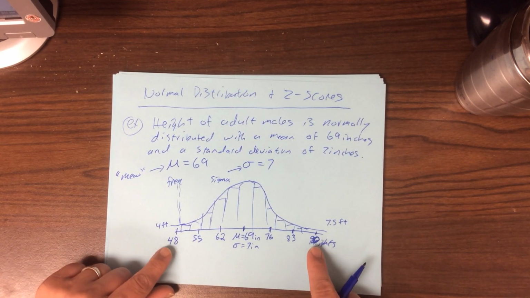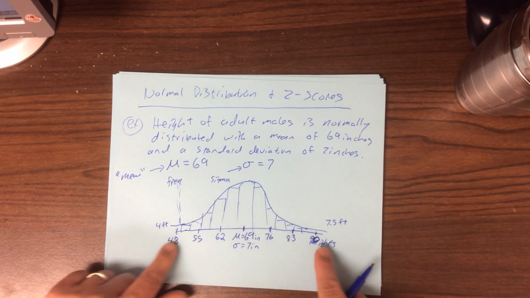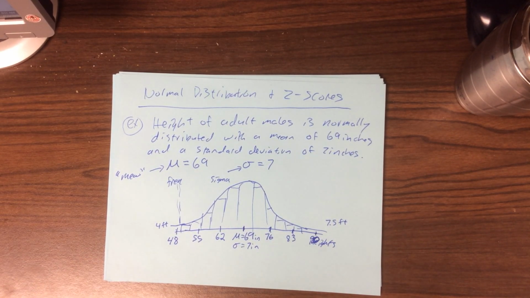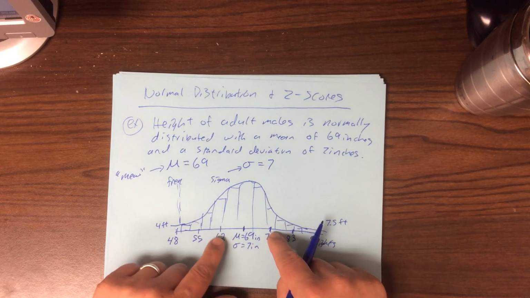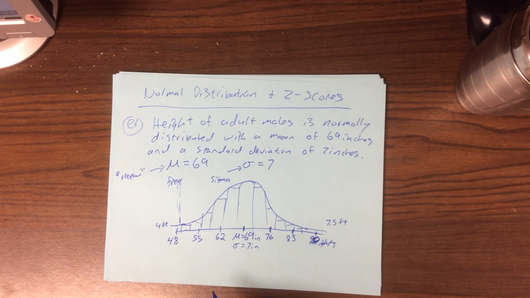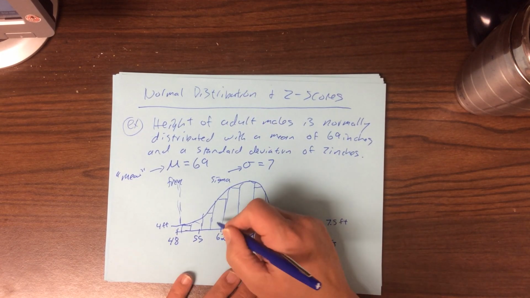Now, the normal distribution actually has a certain shape to it, and for all things that are normally distributed, the percentage of data that lies within 1, 2, and 3 standard deviations is going to be the same for all normal distributions.